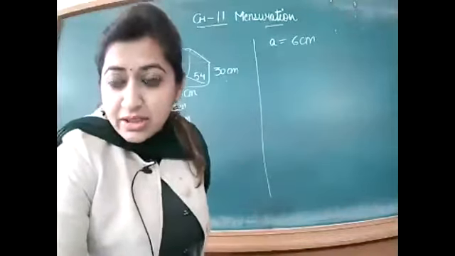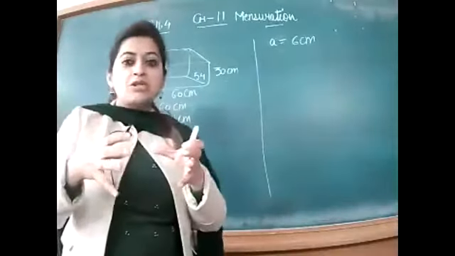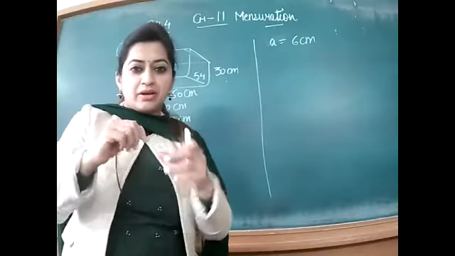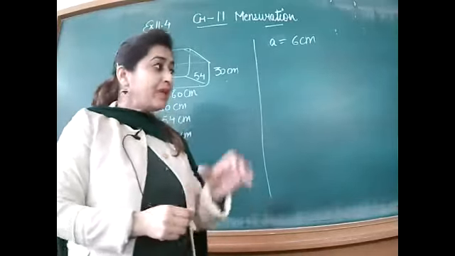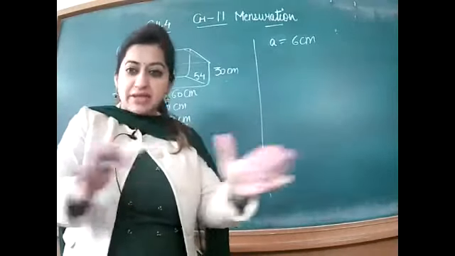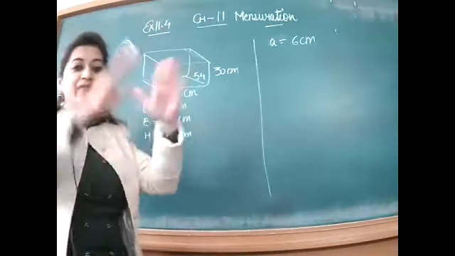Have you seen a matchbox? 7-8 matchboxes are packed in one big paper wrap. That means how many matchboxes we can pack in a certain paper whose area is given. In the same way, we have one room.